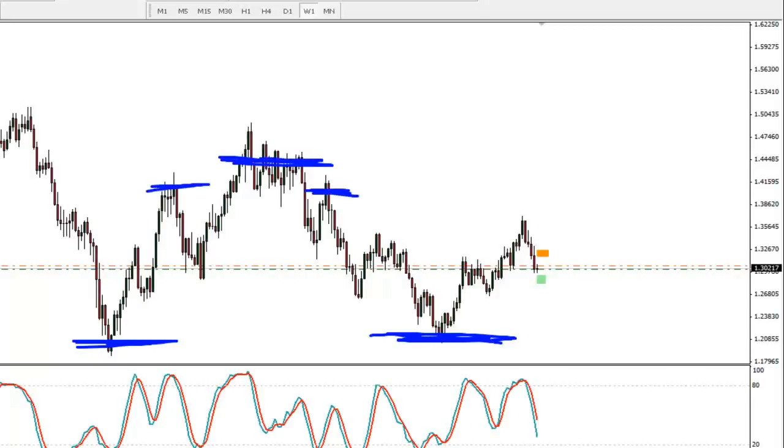This is nothing more than key visual levels that have represented major tops and major bottoms in the market. Now, when you're dealing with a weekly chart, don't worry so much about a specific number. I cannot stress this enough.